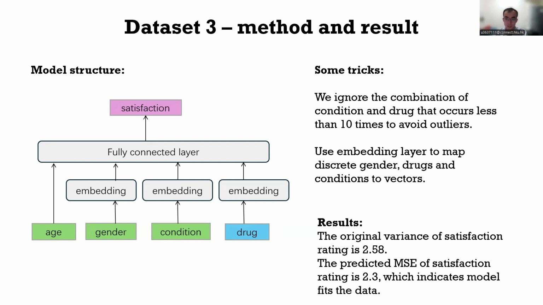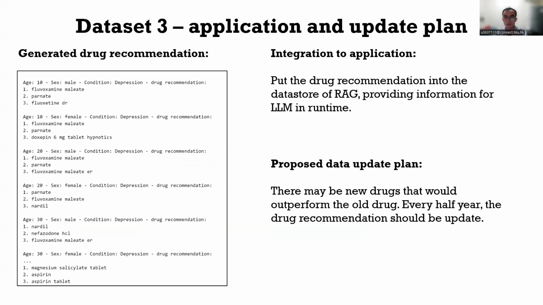The predicting MSE is less than the original variance, which indicates the model fits the data. In the end, we use the model to predict every drug satisfaction score based on the patient information and condition, and recommend a drug with the top 3 predicted satisfaction scores. Then we put the drug recommendation documents into the data store of RAG, providing information for the LLM at runtime.